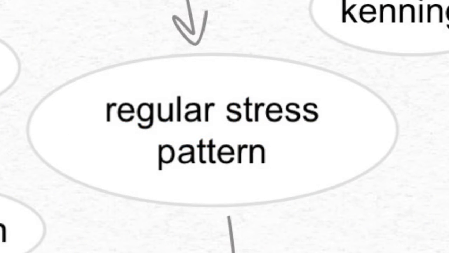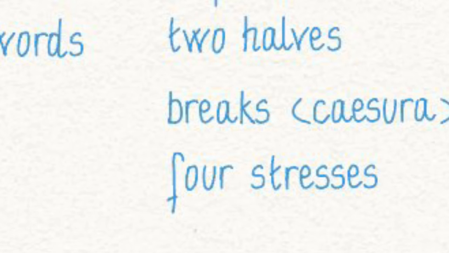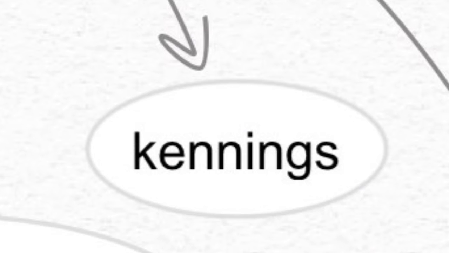Anglo-Saxon poetry is frequently characterized by a regular stress pattern. Each line may be divided into two halves, and each half has two primary stresses. Beowulf is a good example of this pattern. The poem frequently makes use of kennings, which are two words combined together to generate complex metaphors.